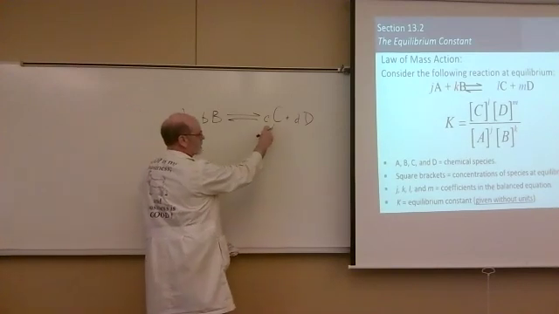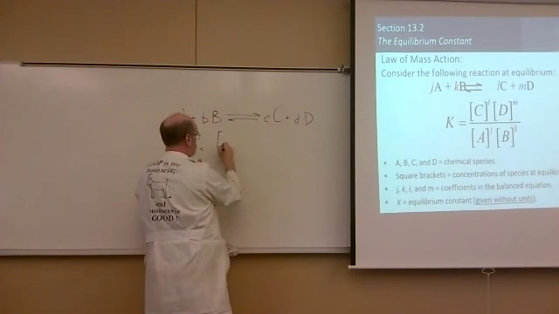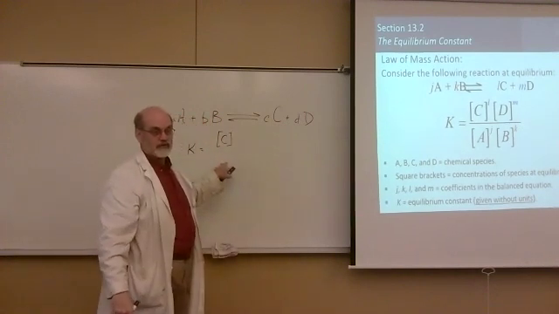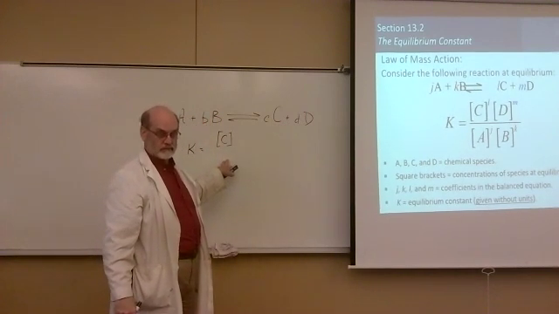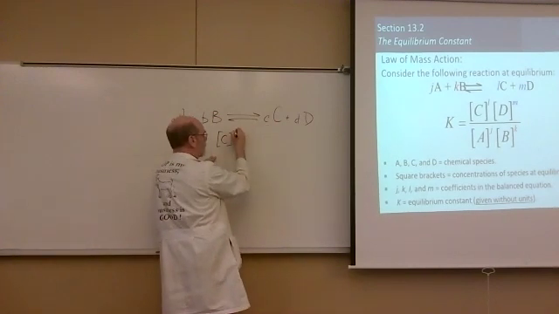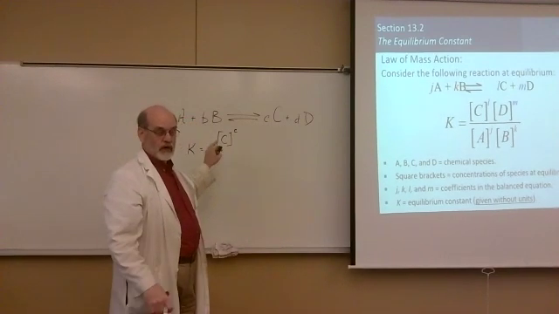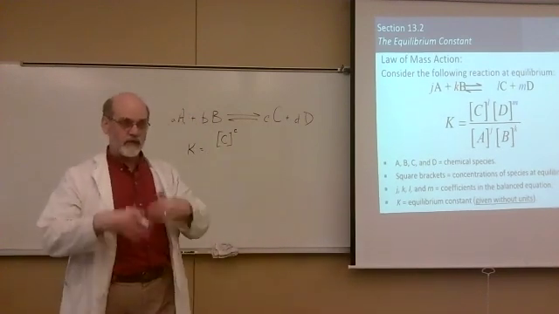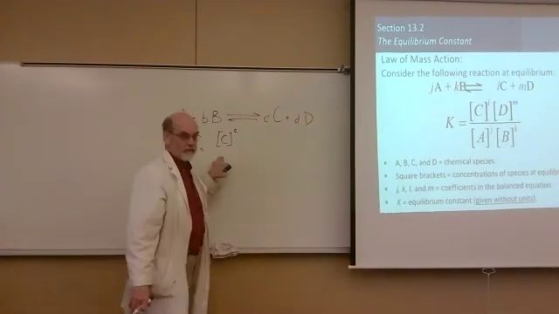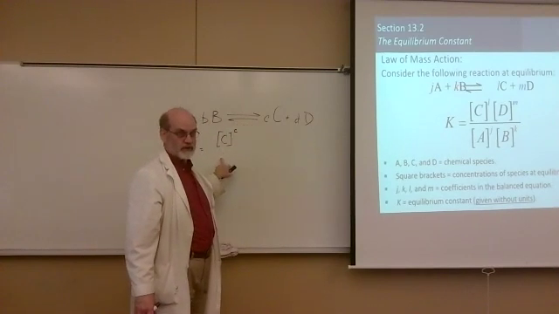You always take the products, and the square bracket means concentration at equilibrium. Then you take the coefficient, and that becomes the power of that expression. So unlike kinetics, where you have to experimentally determine all this, in equilibrium the balanced equation tells you what the equilibrium expression will be.